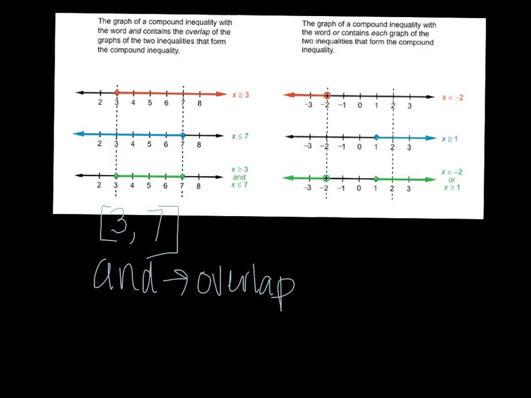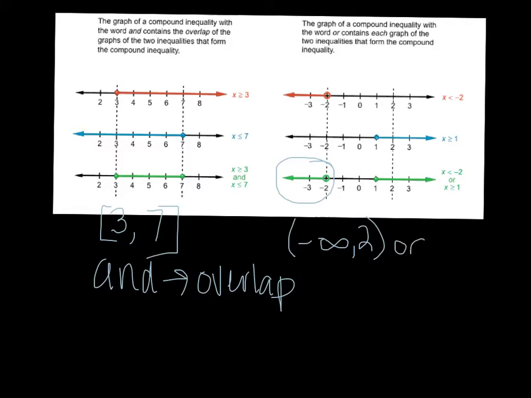Now, interval notation on this one: we have two separate graphs in one. You notice they don't overlap, they don't connect. We have two arrows, so we're going to have infinity and negative infinity. So the interval notation for this one would be negative infinity to -2, and -2 is not included. Then you're going to write the word or.